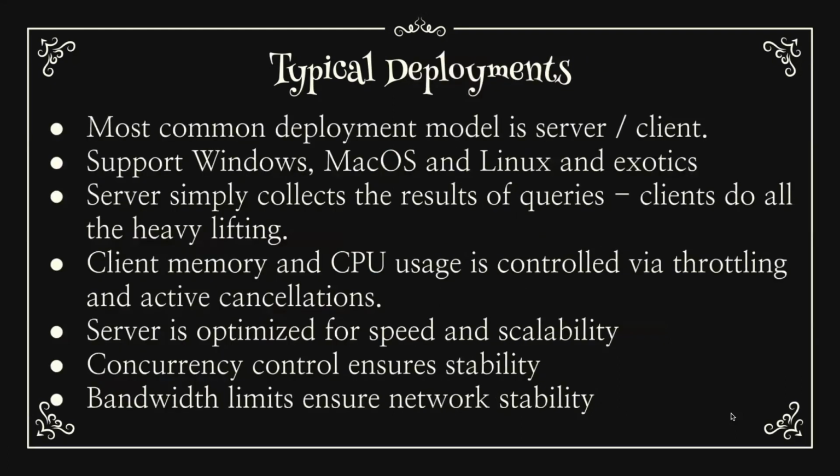So talking about deployments, as you can see, the most common deployment is server client, and this is typically how I think about Velociraptor for most of my experience and use case. We have support for pretty much all OSs. Velociraptor is written in Golang, so obviously the OS needs to support that.